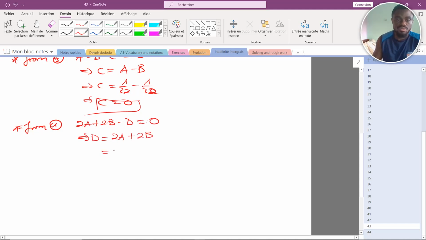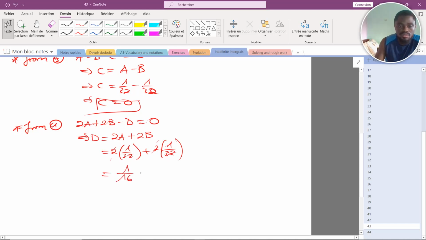So this will be 2 into 1 on 32 plus 2 into 1 on 32. 2 here one time, 2 here 16. So this will be equal to 1 on 16 plus 1 on 16.